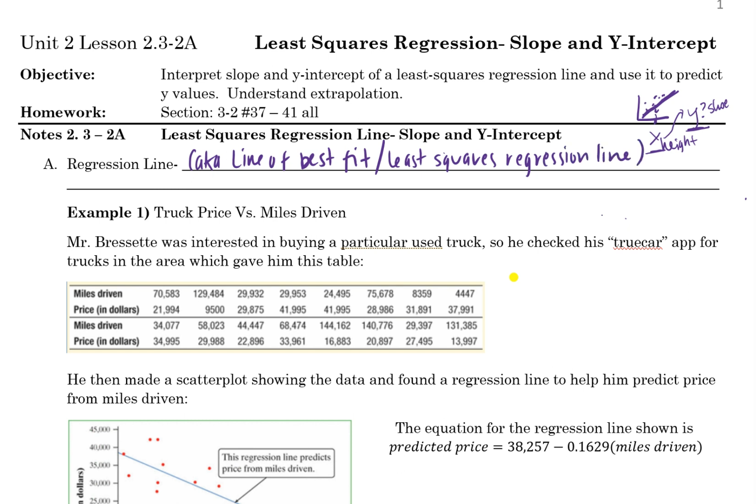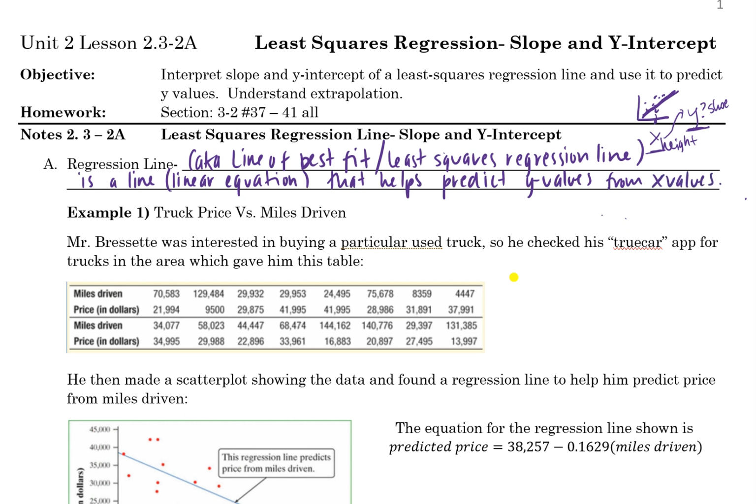So a regression line, or a line of best fit, is a line that helps predict Y values from given X values. It's a line, and it's also obviously an equation, a linear equation, that helps predict Y values from X values.